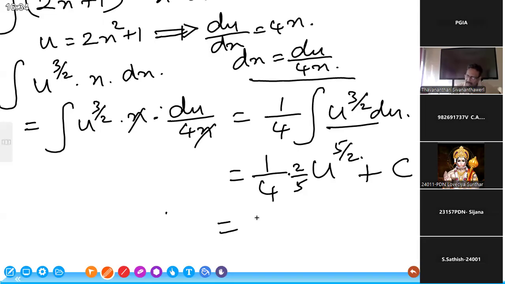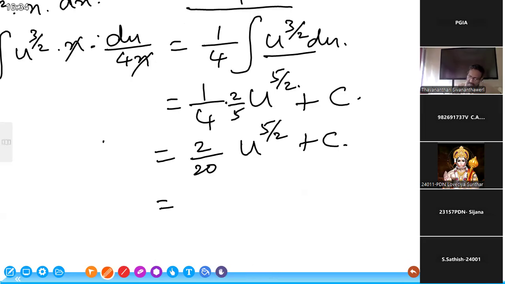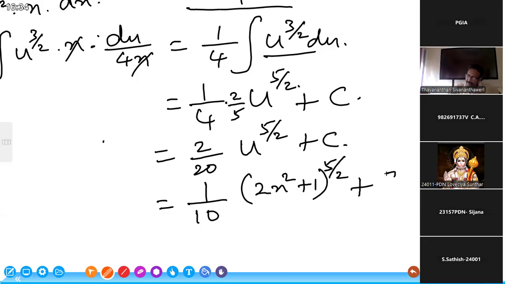So that is equal 2 by 20 u to the power 5 by 2 plus c. So the last point is, if you replace that, 1 over 10 into 2x square plus 1 to the power 5 by 2 plus c. So this is your final answer. Any questions?